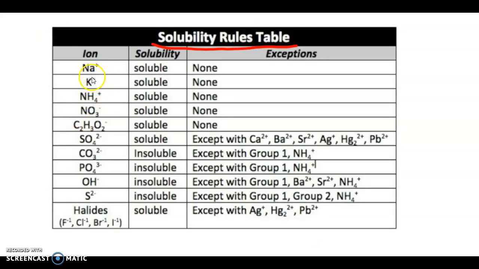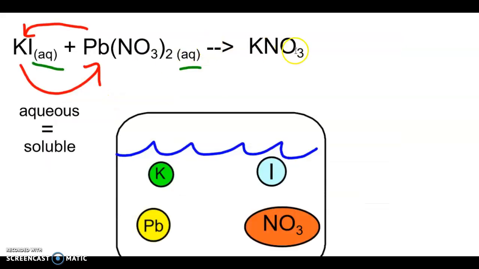So K+ has a +1 charge, and NO3- has a -1 charge. When those two come together, we just have KNO3. The reason you have this 2 out here is because lead, or Pb, has a +2 charge. So when lead bonds with nitrate, the 2 goes outside of the nitrate.